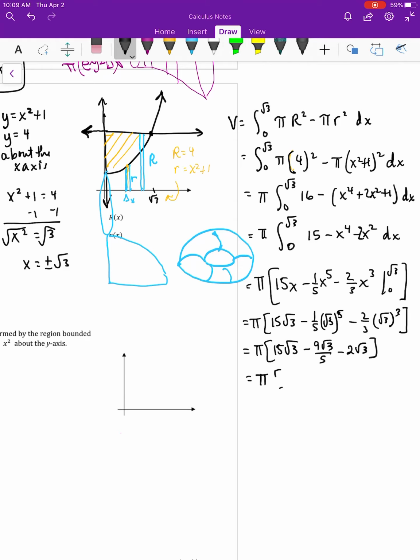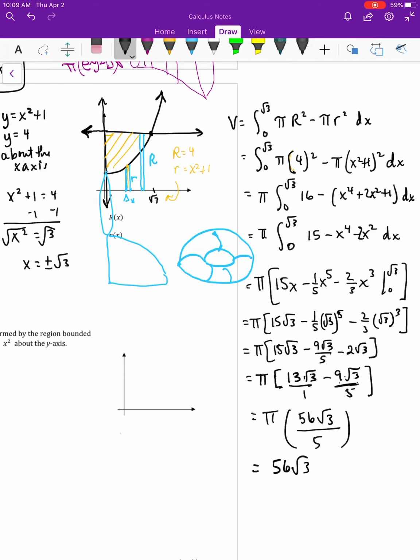15 root 3 minus 2 root 3 is 13 root 3. And if I wanted to find a common denominator so that it's all over 5, this is going to give me, in the end, 56 root 3 after I found a common denominator and added like terms.